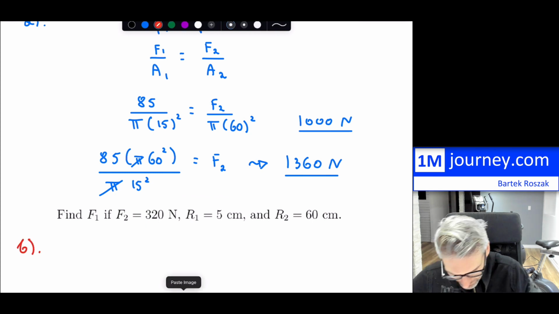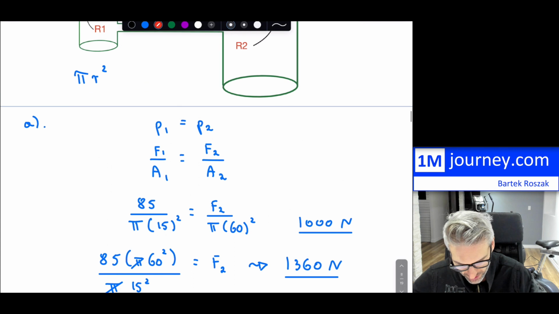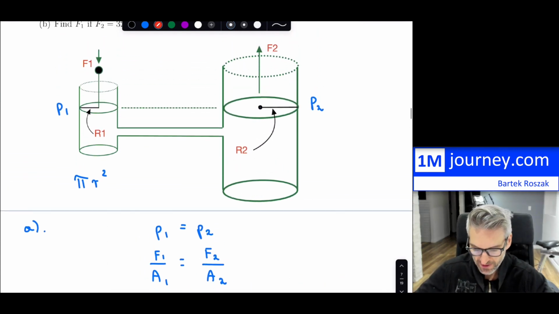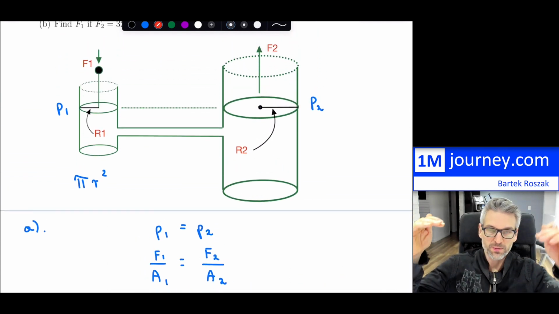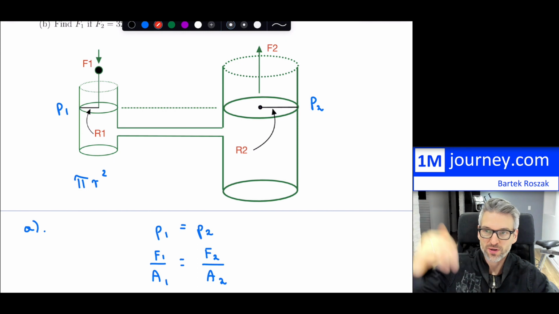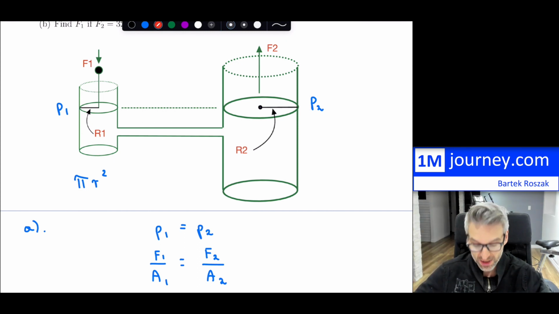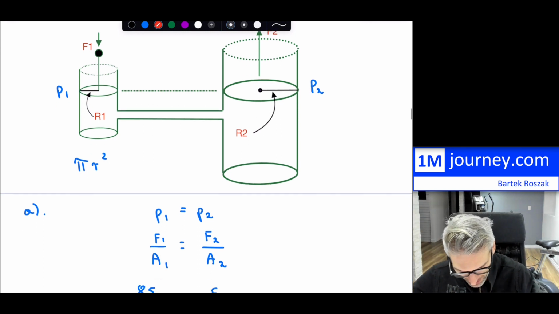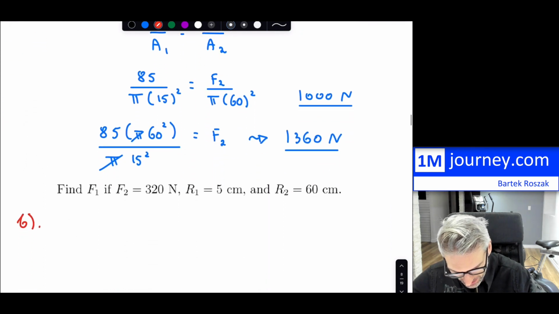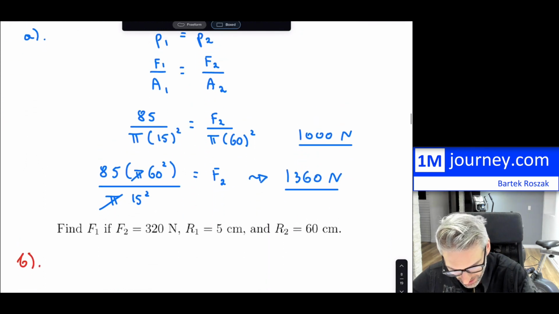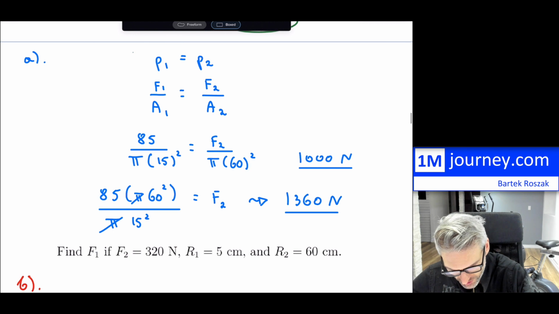So this is B, and it's the same thing. If we go back into the figure, the pistons we have in here, we're pushing, and we want to know what that force F1 is. It's going to be exactly the same formula, which means your pressures are equivalent.